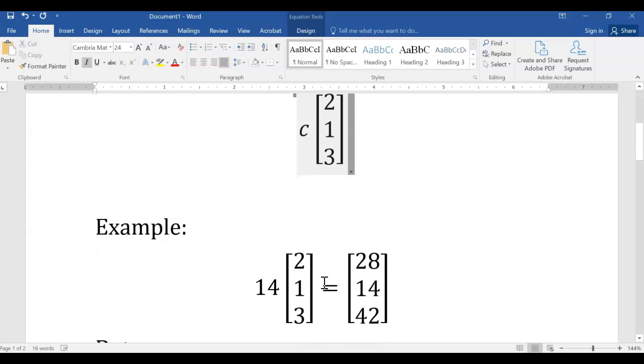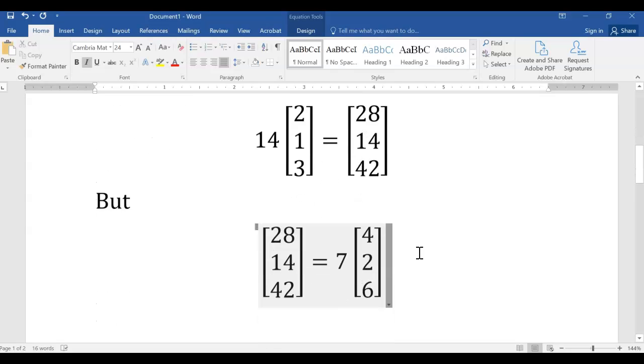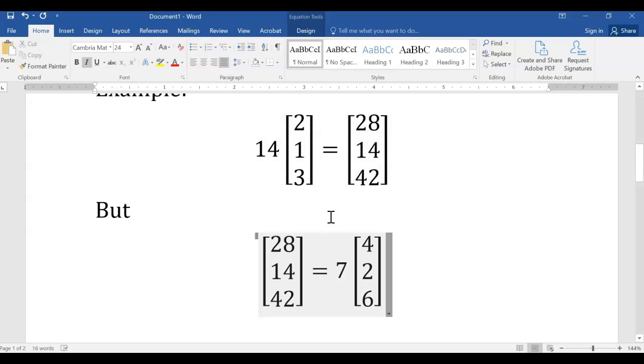For example, the vector (28, 14, 42) can be written as a constant, in this case 14, multiplied times (2, 1, 3). So (28, 14, 42) is in our subspace H. However, (28, 14, 42) is also just 7 times (4, 2, 6). And you can see what we did.